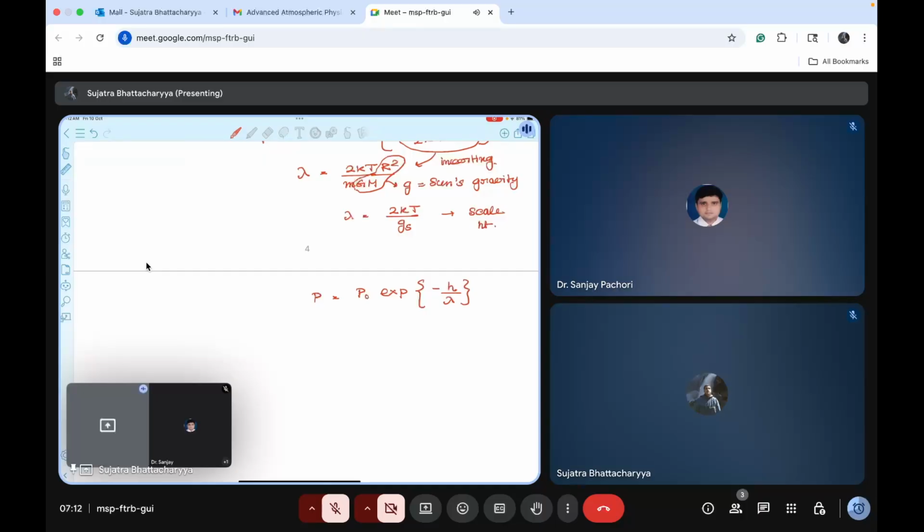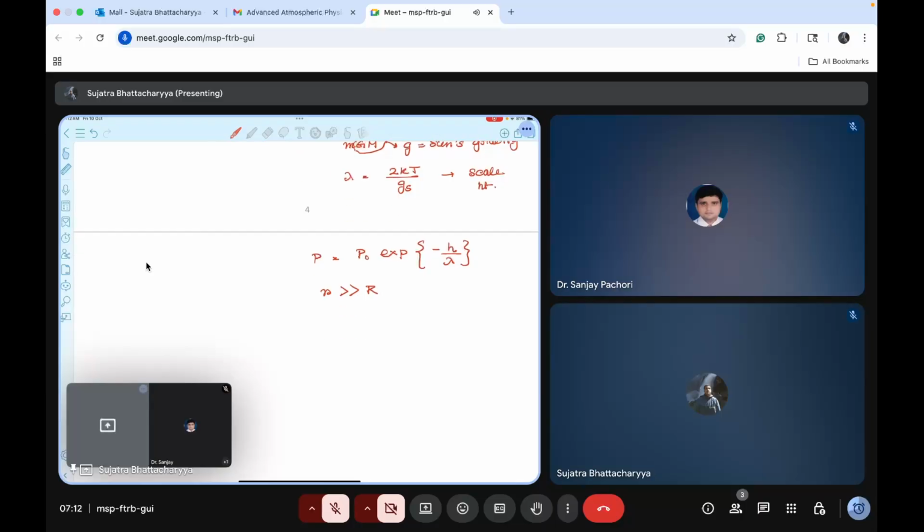Now, what happens is that when R is much greater than capital R, then P becomes equal to P naught. This is when R is close to R. Then what will happen? Now, here when R is much greater than capital R, P naught exponential.